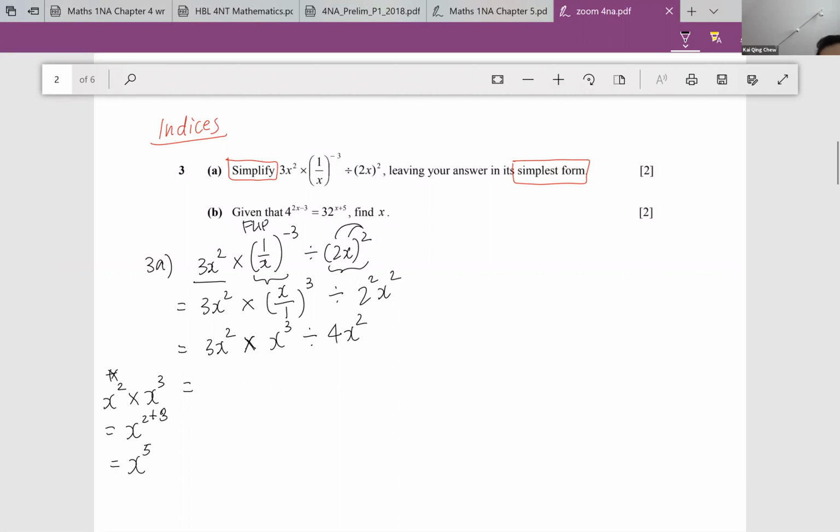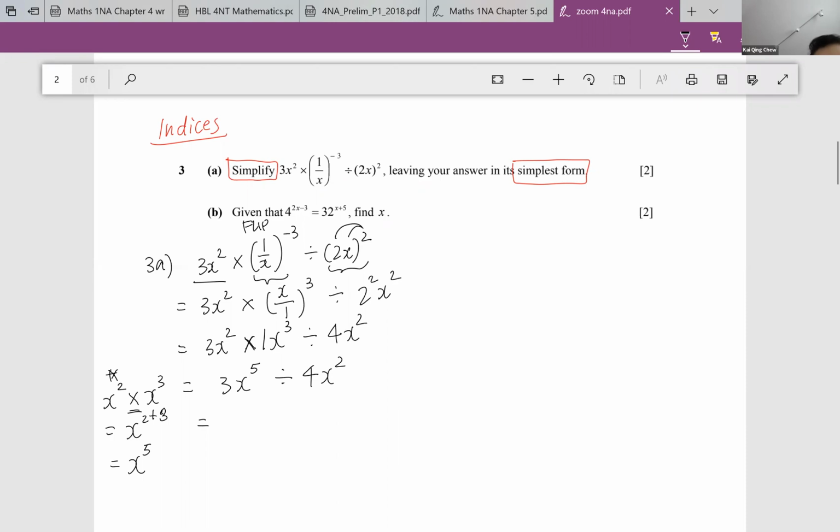So this is law 1. In fact, this is the first law that you have learned. So 3 remains there because 3 times 1 is still 3, then x to the power of 5. Now you recall the next law, which is divide. Just now I said if it's times you plus, then if it's divide you minus.